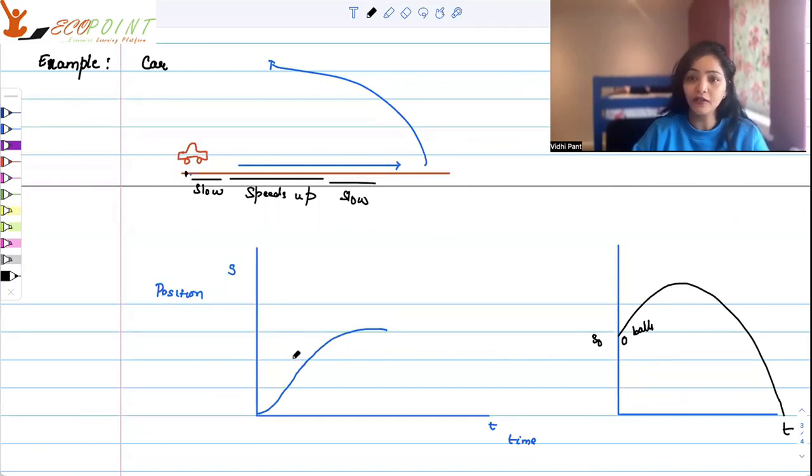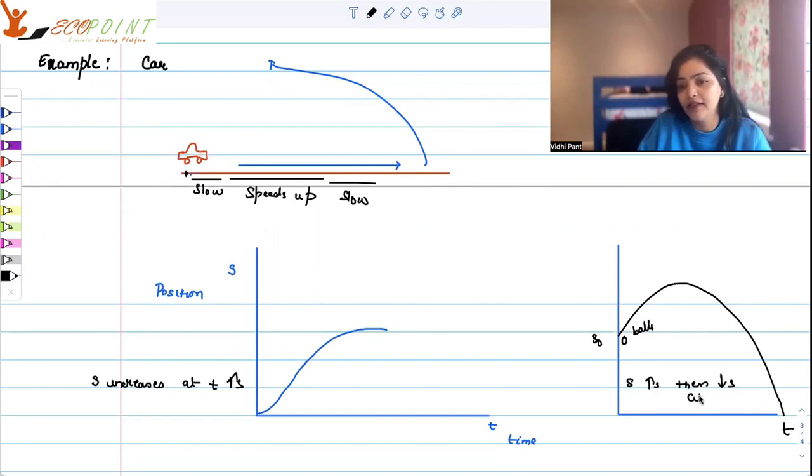Or maybe thinking in terms of relation, what you can see here is that S increases as T increases. And here, S increases, but then it decreases. First, S increases, then decreases as T increases continuously, right?